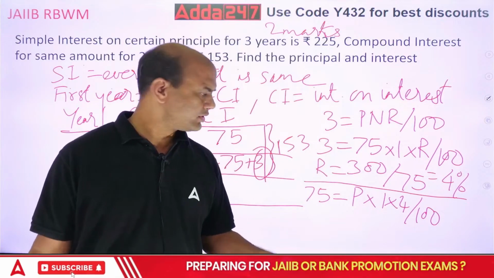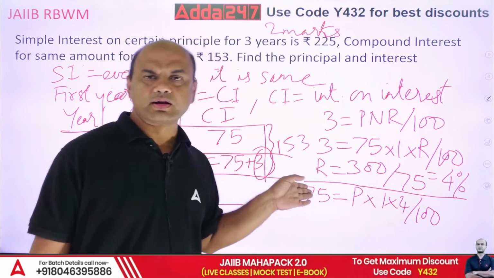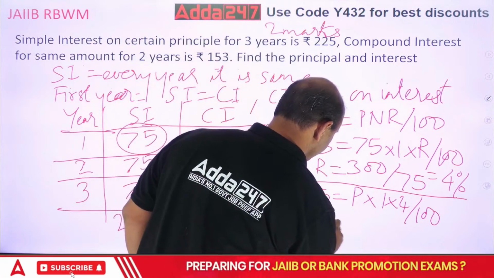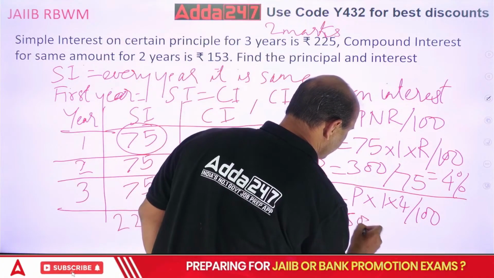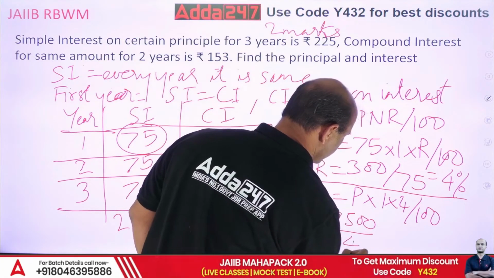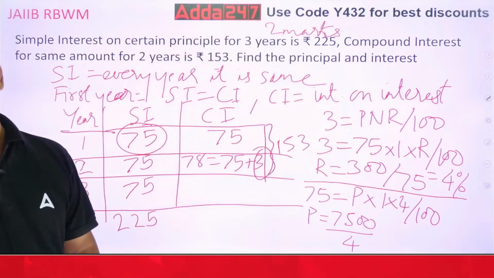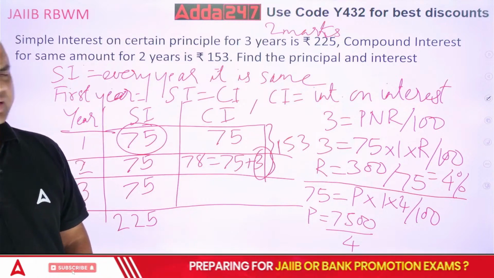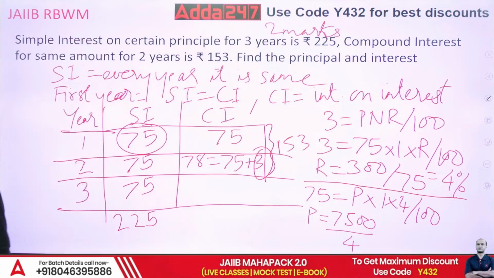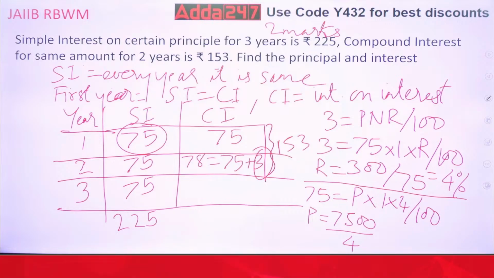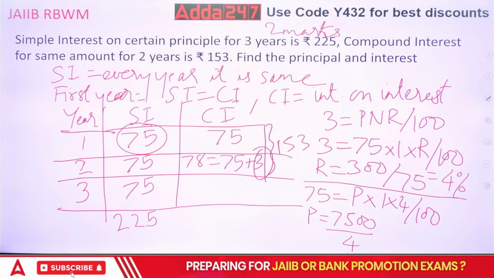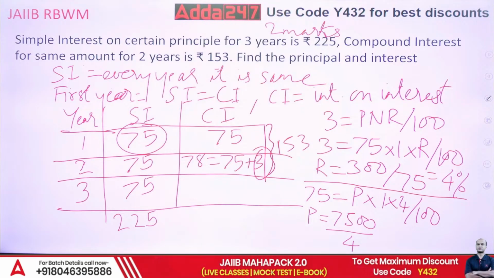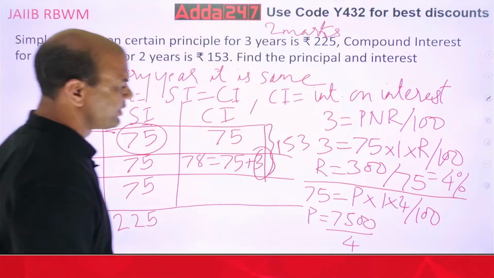So solve it now. You've got everything. 75 into 100 divided by 4. So P equals to 7500 divided by 4. Solve it everyone, 18 something, 1875.